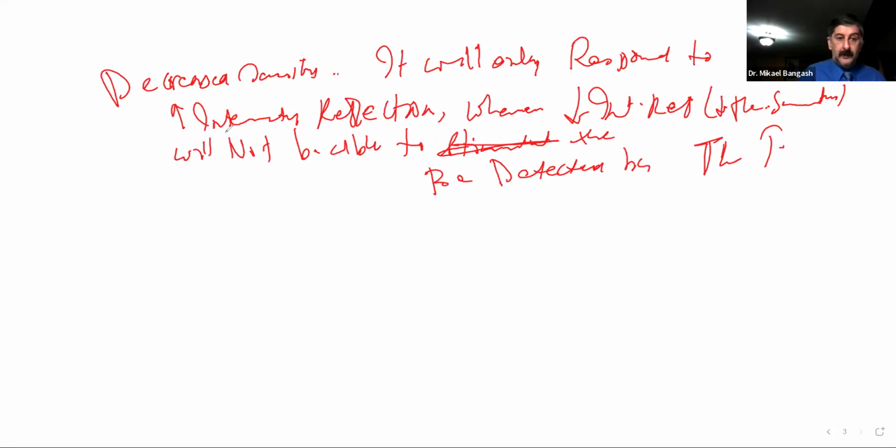As a result, very, very weak intensity reflections may not appear on our images. So weak intensity reflections, since the decreased sensitivity is due to the backing material, may not appear on our scans.